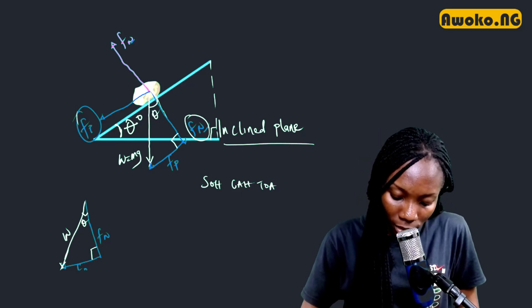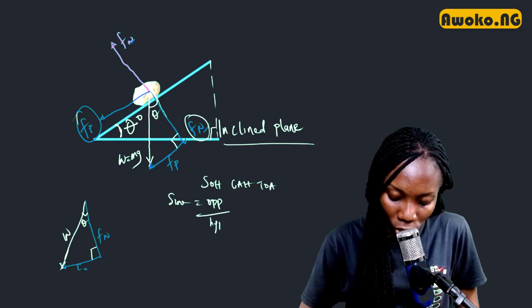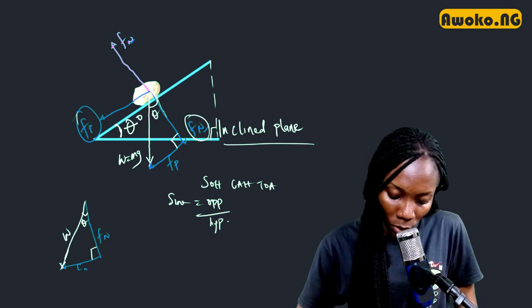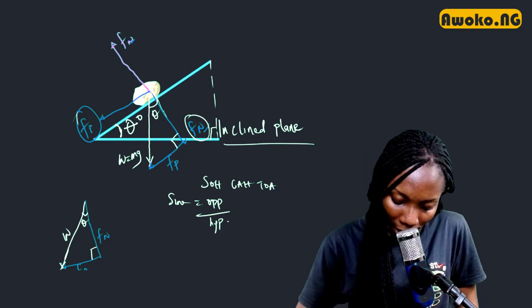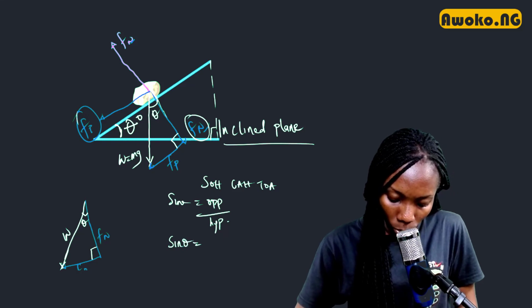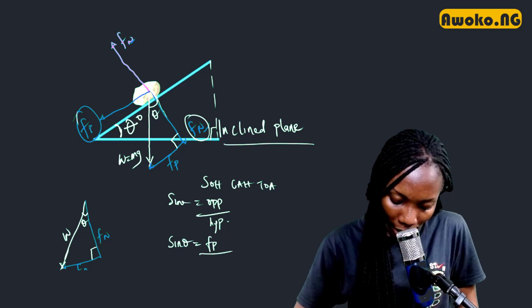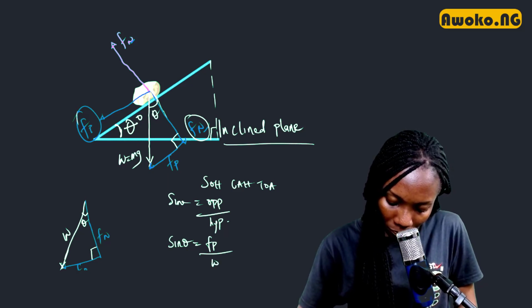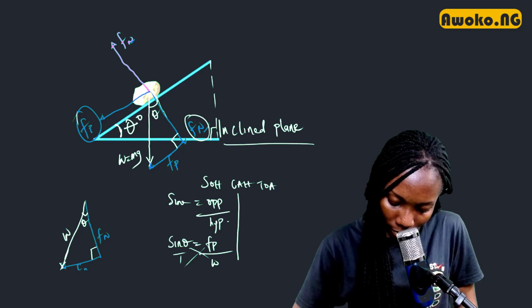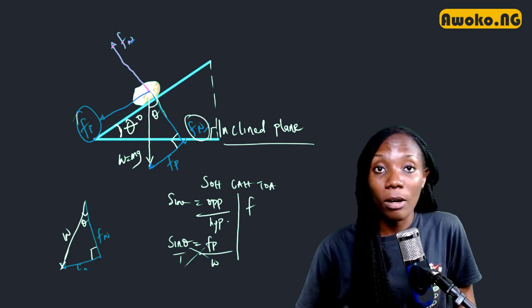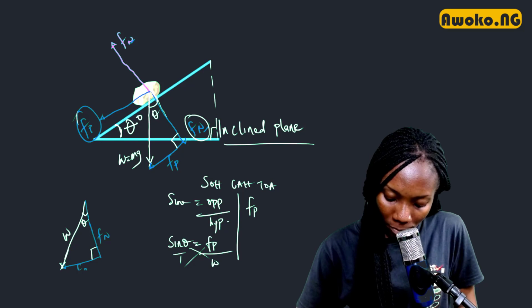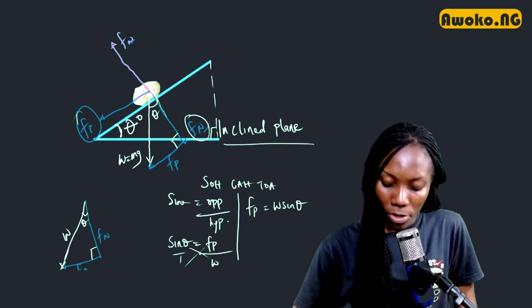So sine is equal to opposite over the hypotenuse, which is always the longest side. In this case, we have sine theta equal to our FP over our hypotenuse, which is W. If we cross multiply, we can get our parallel force from here. So FP equals W sine theta.